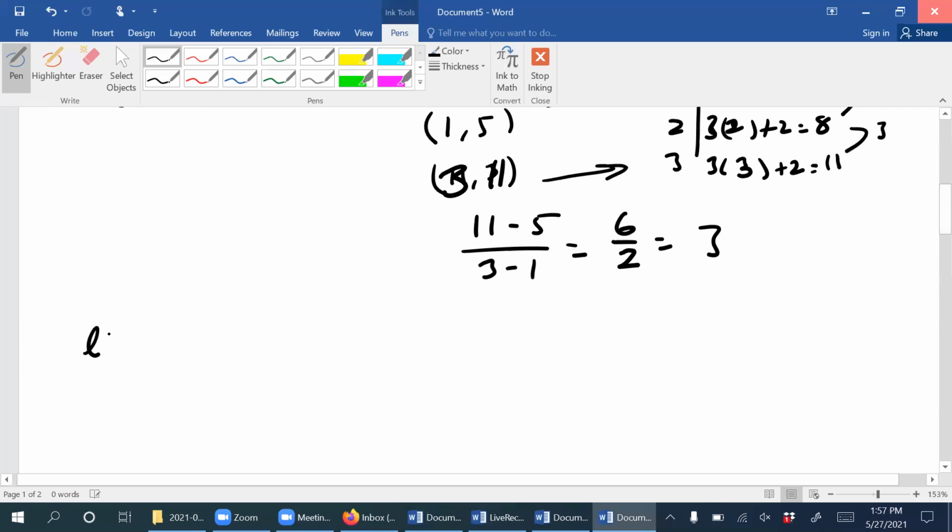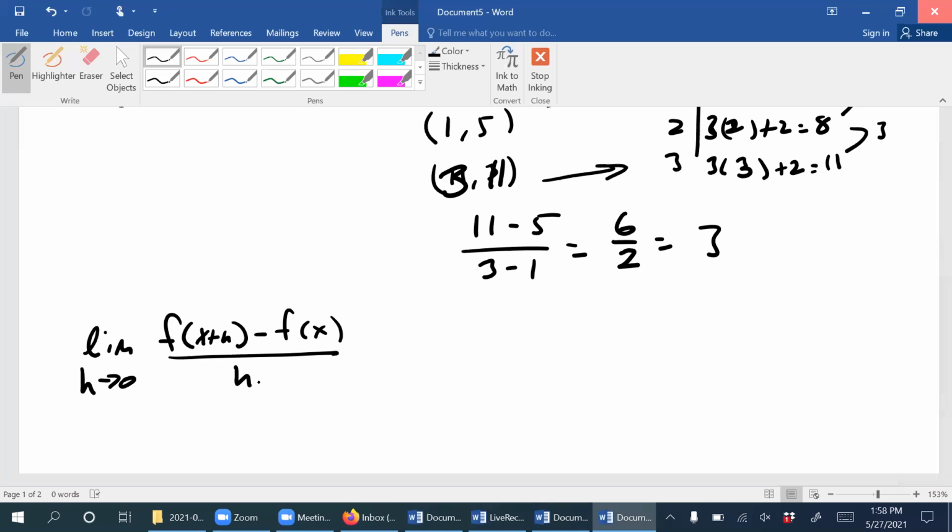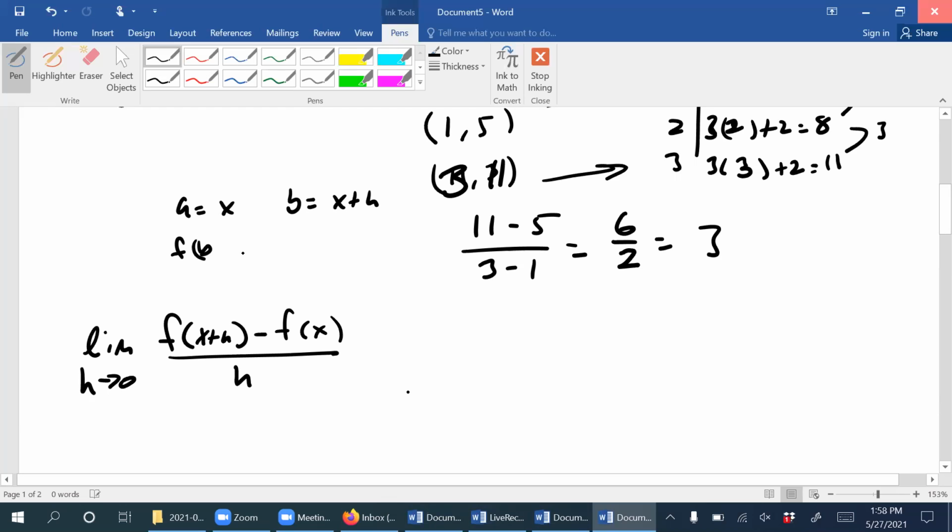It's the limit as h approaches 0 of our new point minus our old point all over h. I tried to make a stressful point last time that this is another way of writing slope. This is f of b minus f of a over b minus a. If a was x and b was x plus h, this is f of b minus f of a.